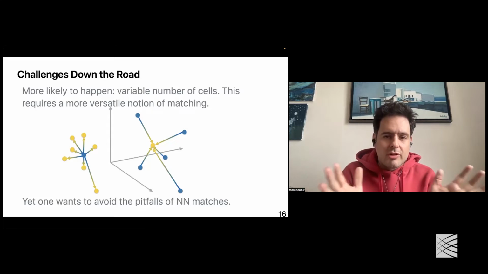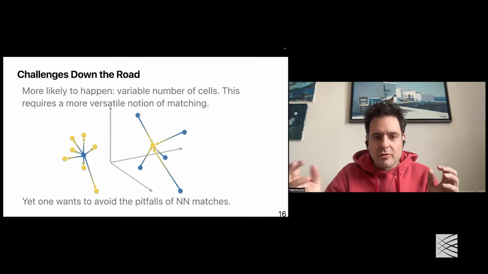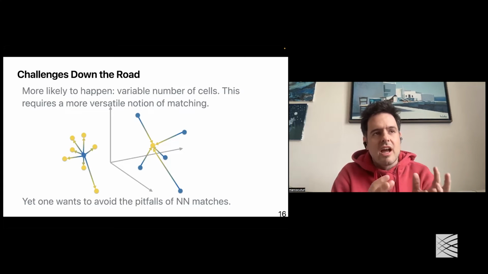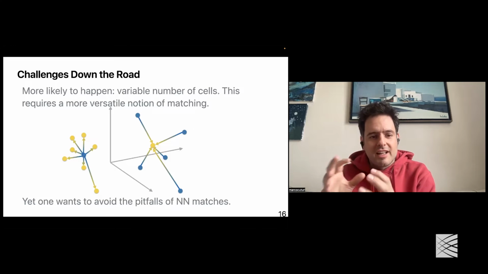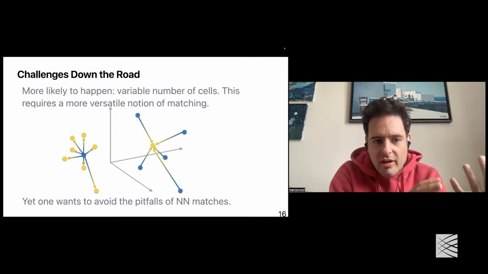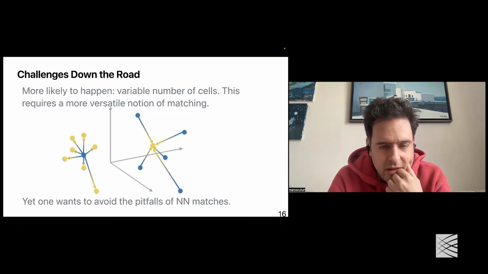You want something that strikes a good balance between not caring at all about the coherence of the story of the matchings and something that is really too hard. The keyword we usually use in transport is the idea of mass conservation. We are hoping that the amount of cells in some configuration in the yellow correspond loosely to a comparable amount of cells that were in the blue configuration.